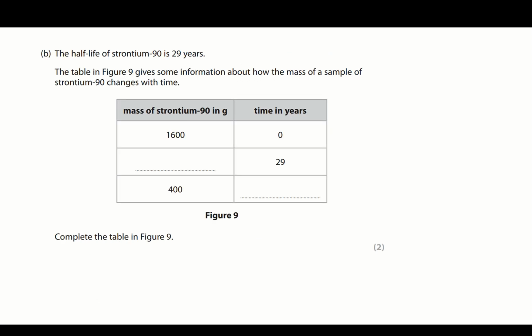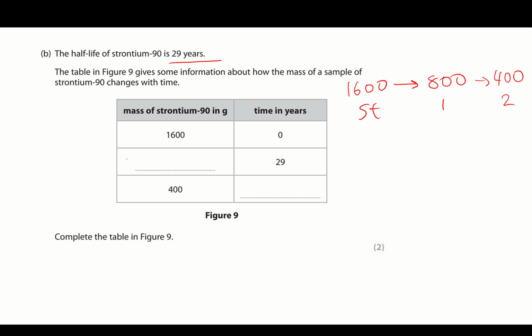B. The half-life of strontium-90 is 29 years. The table gives the changes to mass. Complete the table. So I've taught you the following. If I take the activity at the start and I write st for start, all I have to do then is halve it for each half-life. And we can see the missing value is over 2 half-lives.